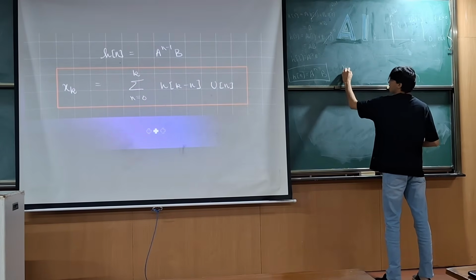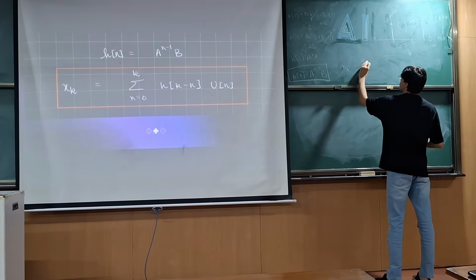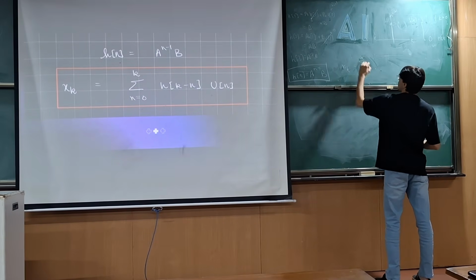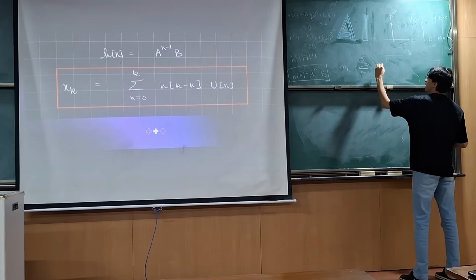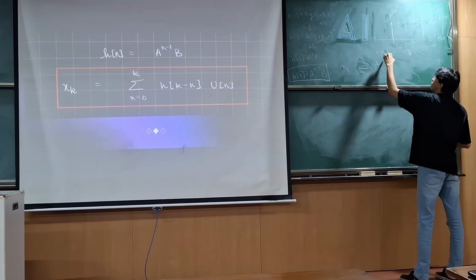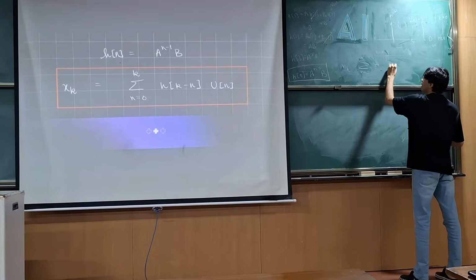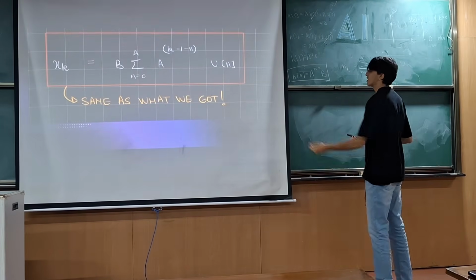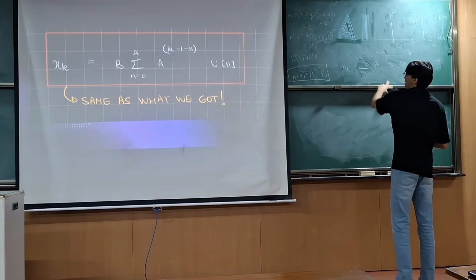So x of k would be the sum from n equals 0 to k of h of k minus n, which would be a to the k minus n minus 1, times b times u of n. So this is what I wrote, and this is what we have.